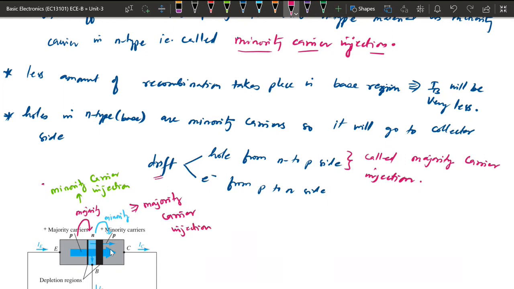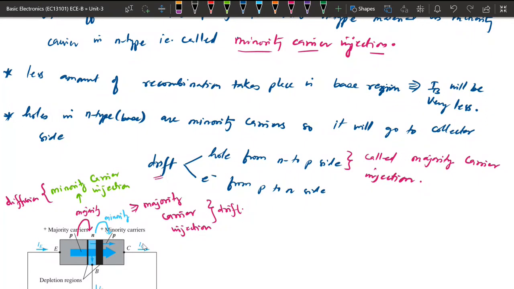Okay, and this minority charge carrier motion is because of diffusion, and this majority charge carrier motion is because of drift. So there are two different processes.